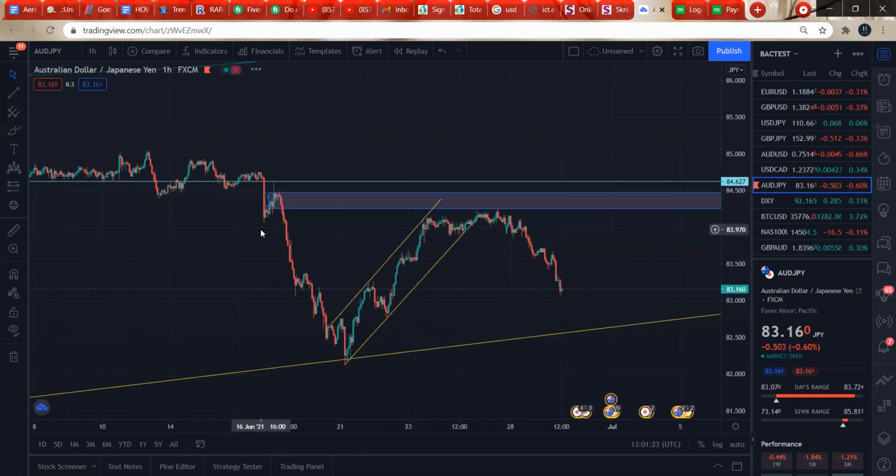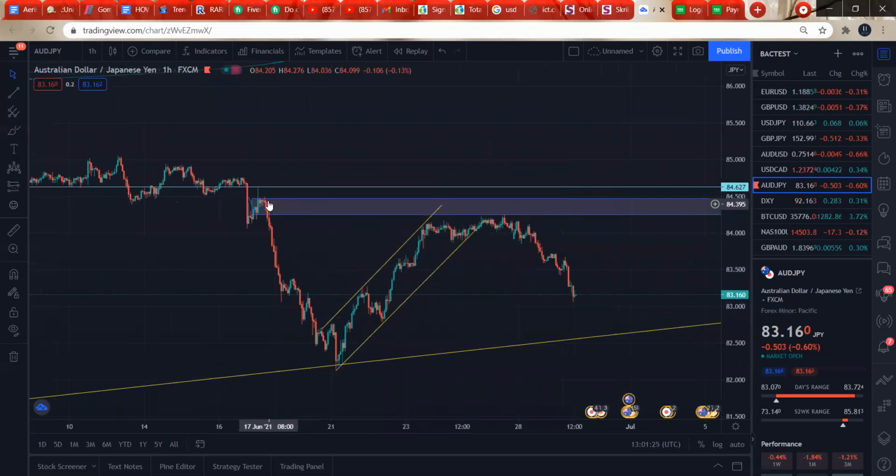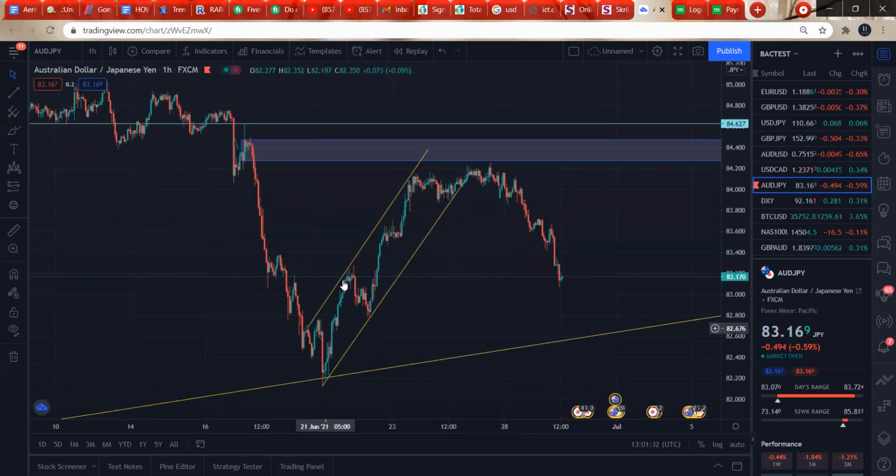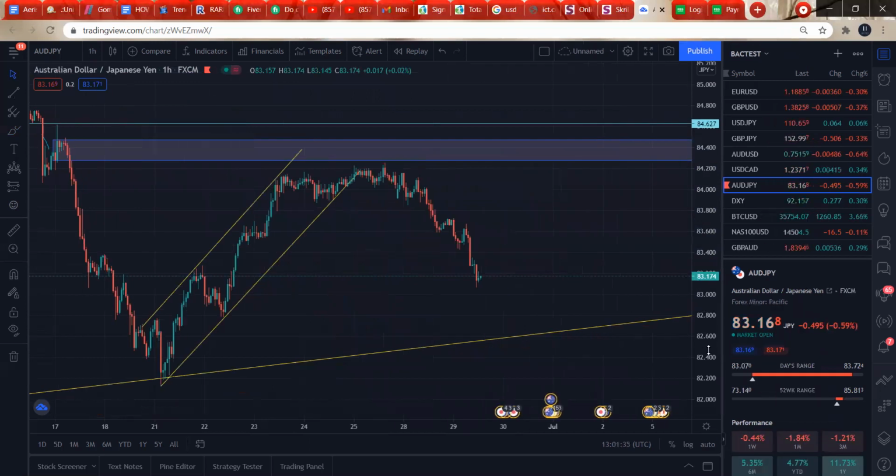Now here on the 1-hour, you see, we have this big order block here. Now we have these two structures. So now we're going to check.